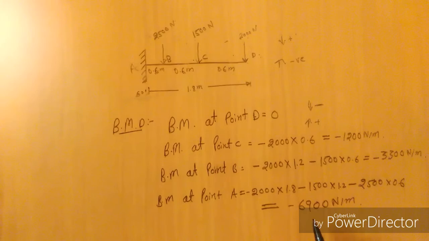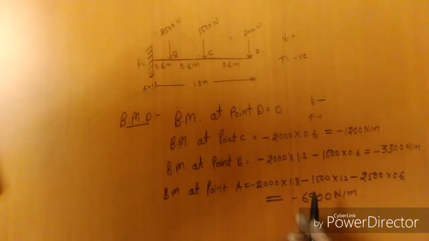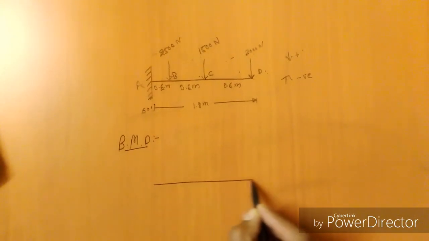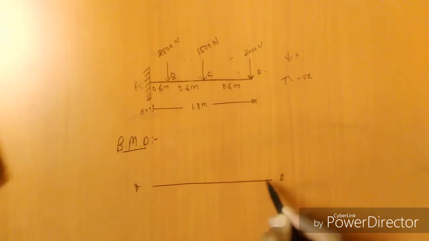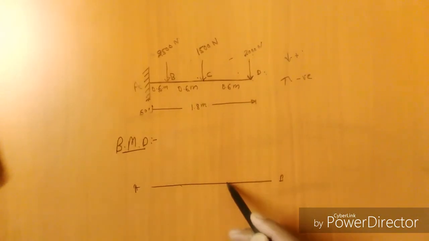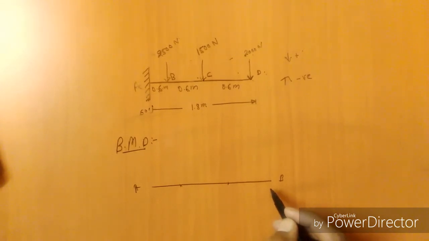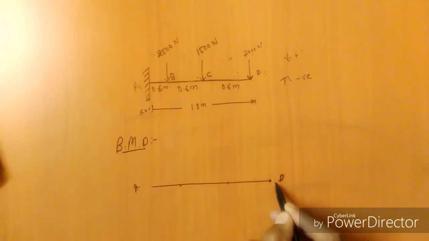Okay, that is the bending moments for these points. And now I will tell you about how to draw a bending moment diagram. Okay, so this is a cantilever structure, and first of all, point A, point D, point B, point C. ठीक है. So bending moment at point D is equal to 0.